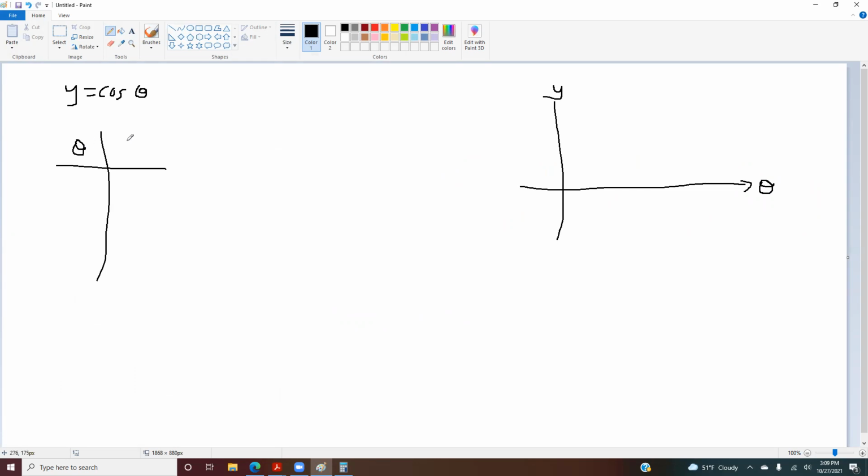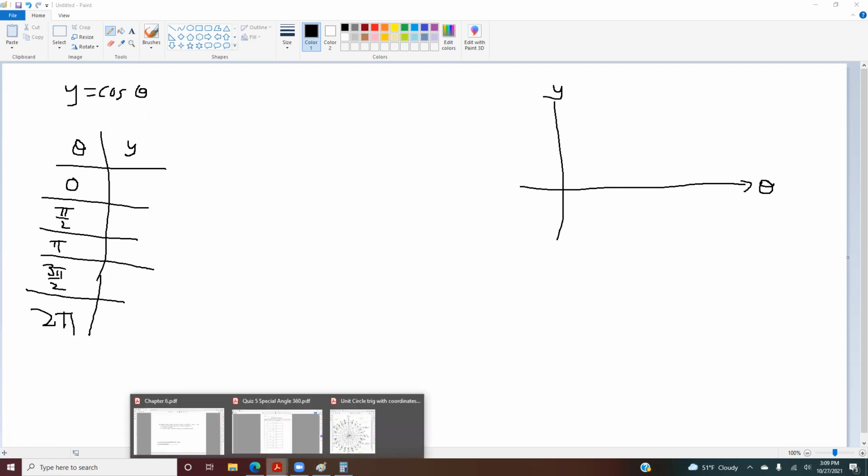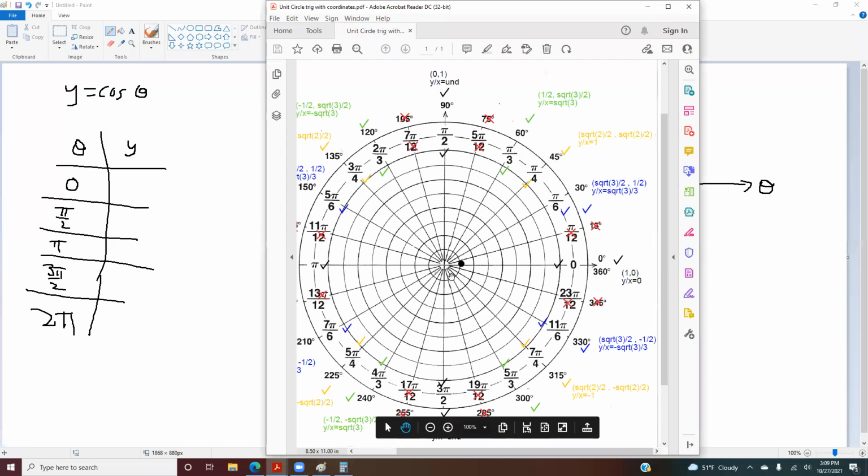We're going to use the same angles, 0 degrees or 0 radians, pi over 2, pi, 3 pi over 2, and 2 pi. And don't forget, when you look at your unit circle, you're looking at the x values. So can someone tell me what is cosine 0? 1. So the x value is 1.